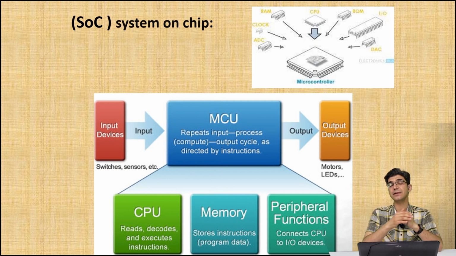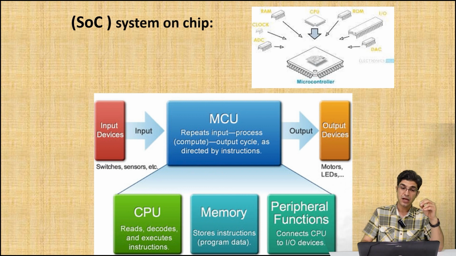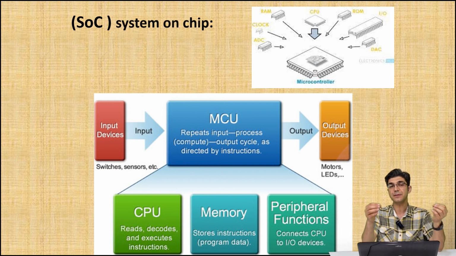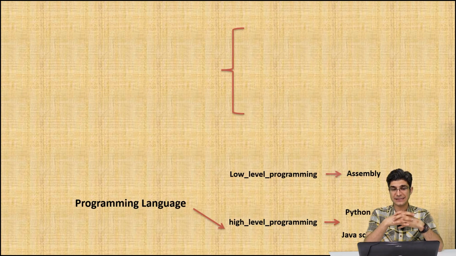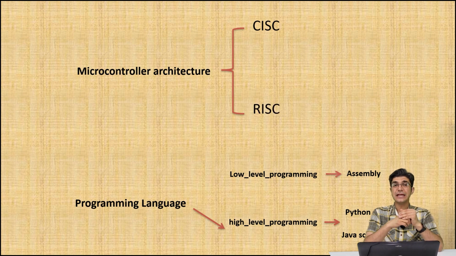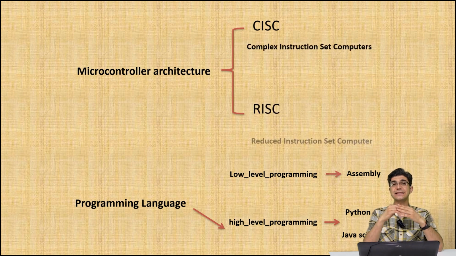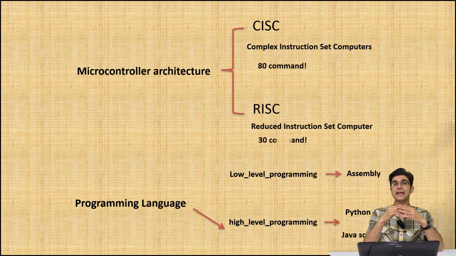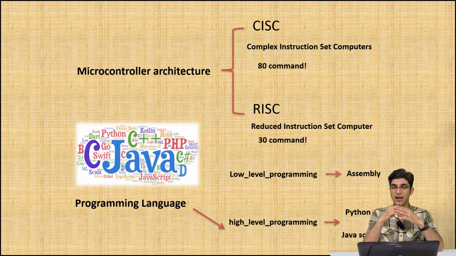Please don't forget that microcontrollers are designed for low power consumption. About microcontroller architecture, it's very simple because we have two types. One of them is CISC, complex instruction set computers. This one is for the first stage of microcontrollers, like the 8051 as I told you, or the Z80.